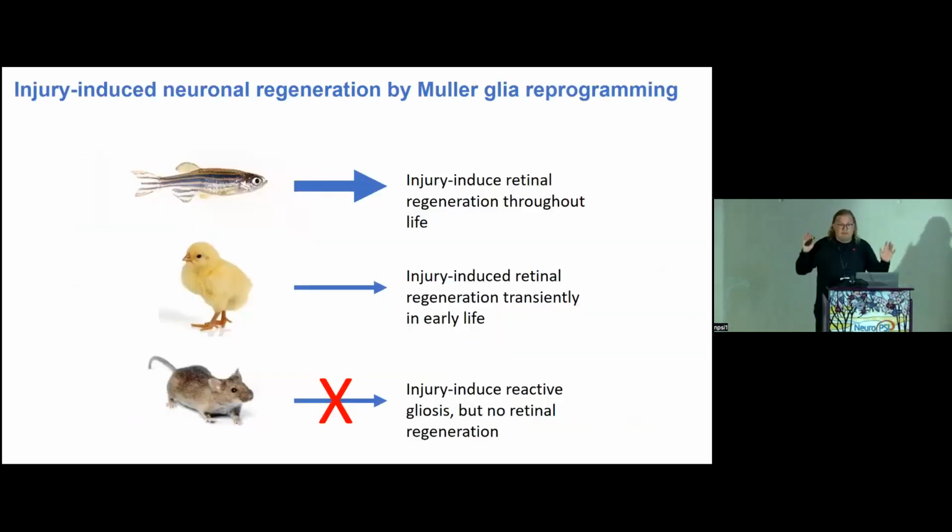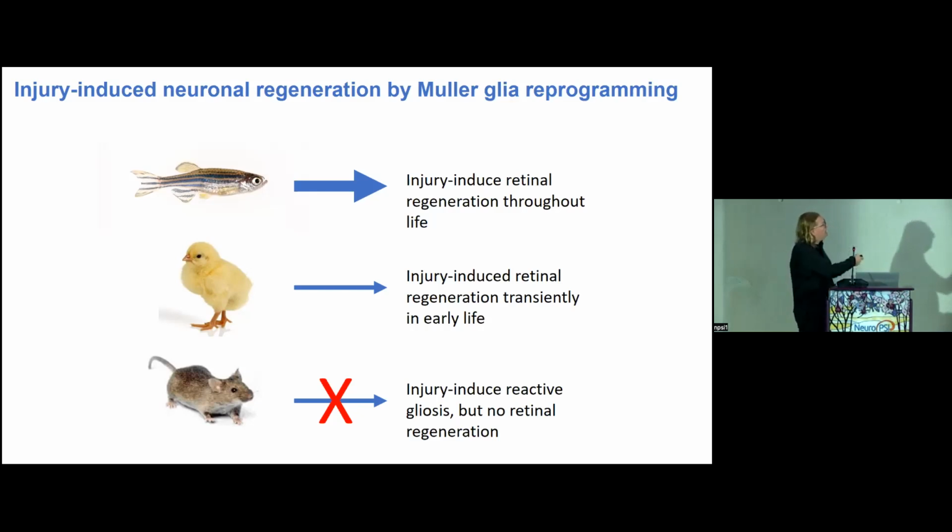Now, one of the reasons that there's so much excitement in reprogramming glia as a means of regenerating neurons lost to disease is the fact that most vertebrate species do this already. So, for instance, in most cold-blooded species, and the zebrafish really is an exemplar here, the glia essentially act as quiescent injury-induced neural progenitors.